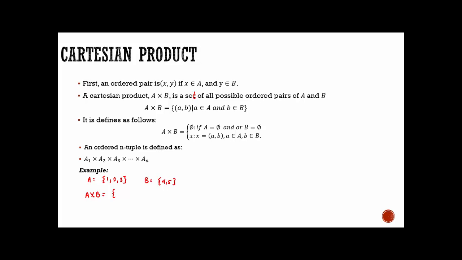So in this case, that would be 1, 4; 1, 5; 2, 4; 2, 5; 3, 4; and 3, 5.